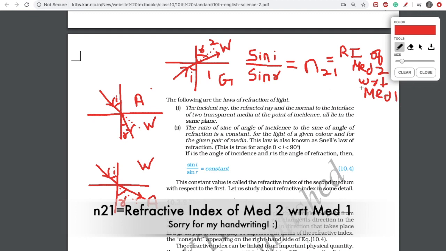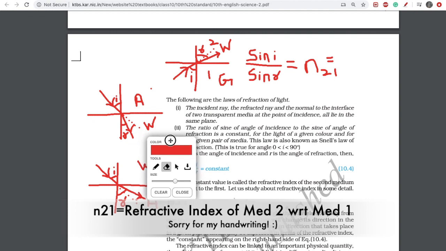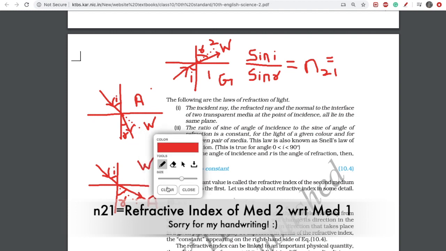Note this down. Now if we look at sin i by sin r, what we will get is n21. In this particular case, sin i by sin r is equal to n21.